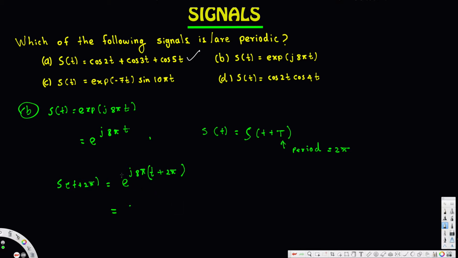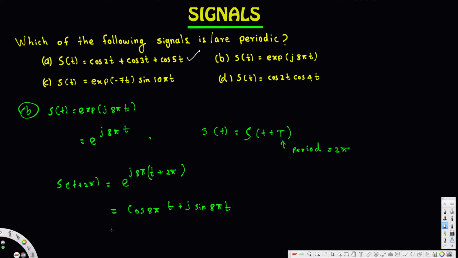If you are in engineering, this is j because i is used for current, so we use j for the imaginary part. But the 2π shift is the same thing, so we can just write it as cos 8π t plus j sine 8π t. So this is the Euler identity expansion for this exponential form.